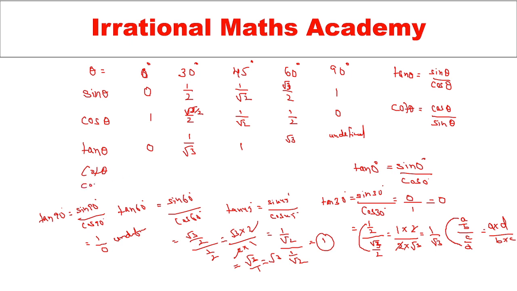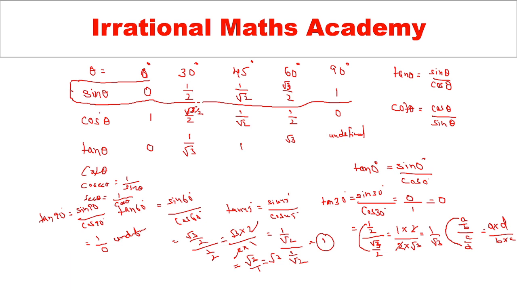Similarly, cosecant also you can find out. Cosecant is 1 by sin theta. Similarly, secant theta is 1 by cos theta. So first, if you remember this sin theta, you can write all the other ratio values. Is it clear? Still, if you have doubt, you can ask.